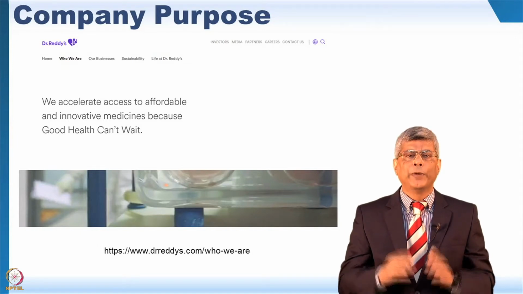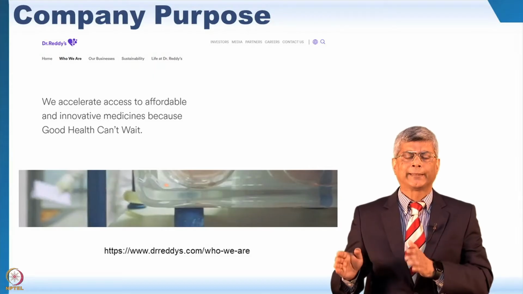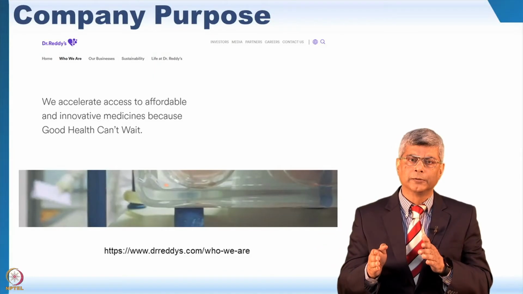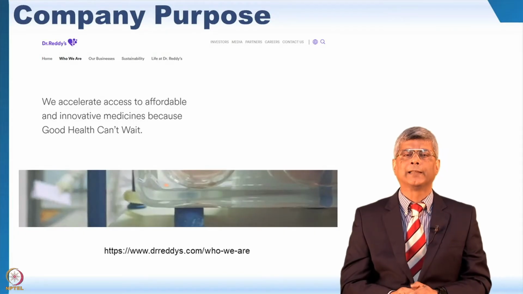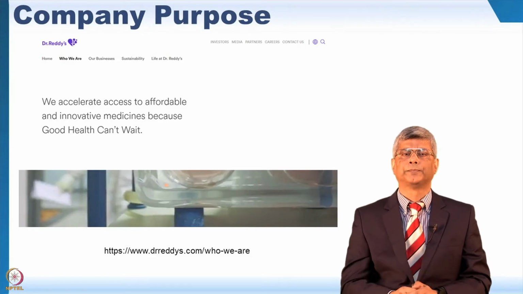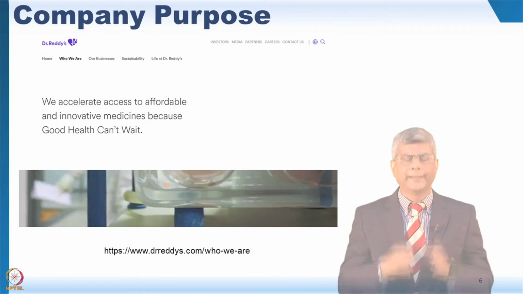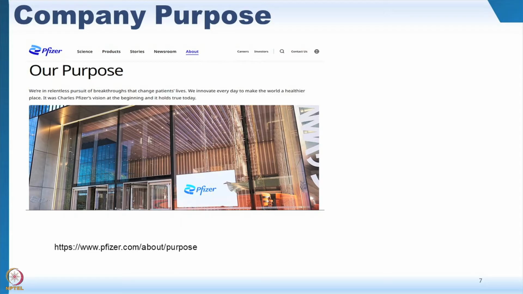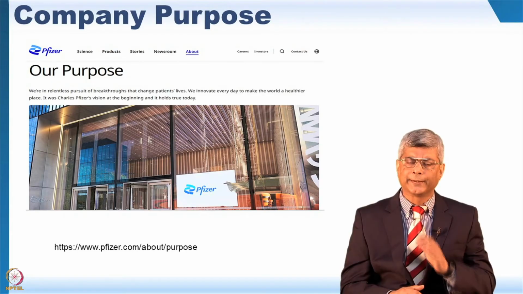It says we accelerate access to affordable and innovative medicines because good health cannot wait. Imagine how inspiring it is. Good health can't wait. And that's the purpose of Dr. Reddy's.